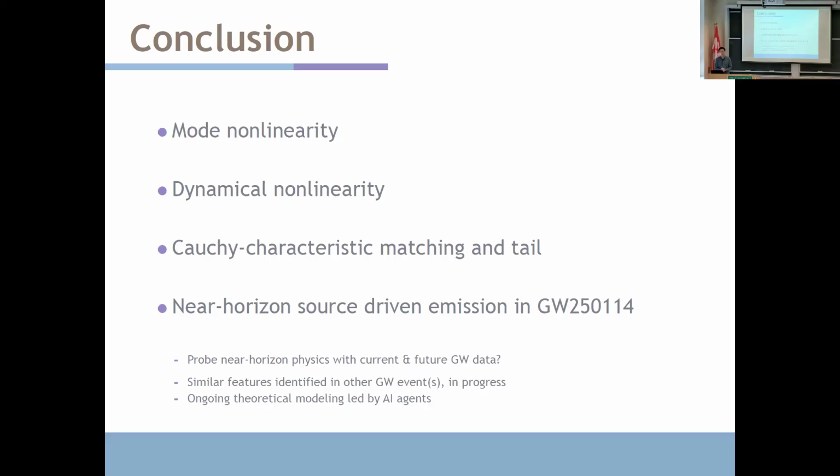When you were talking about nonlinearities and this wave injection, did you look at resonances?